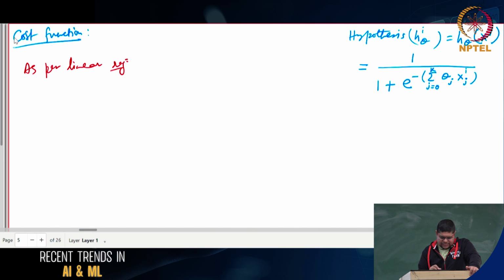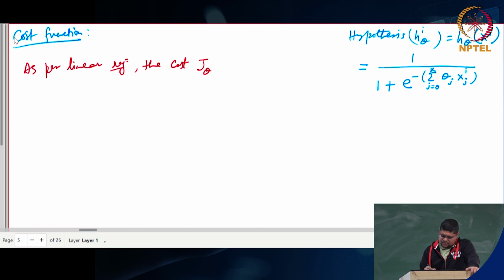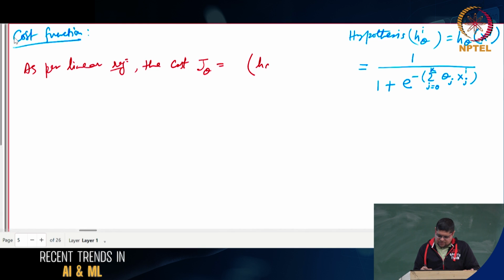So as per the linear regression, the cost, suppose I am denoting using this J(theta) equal to, say, I am denoting using this (h_theta(x_i) minus y_i) squared.